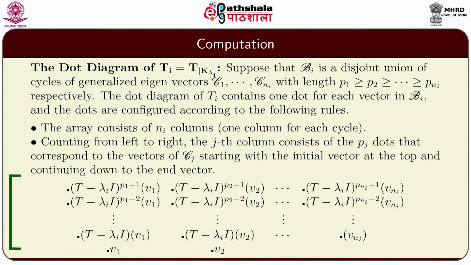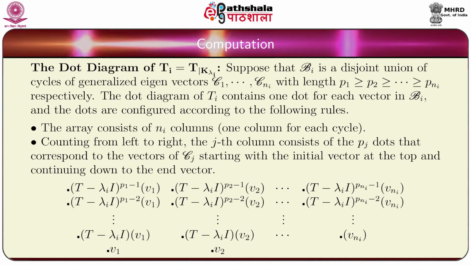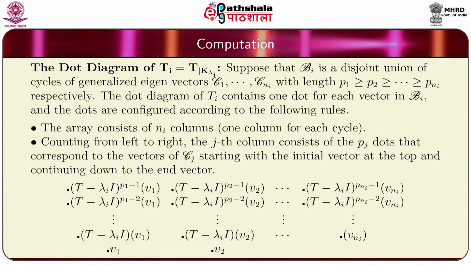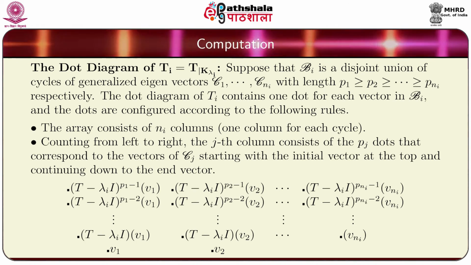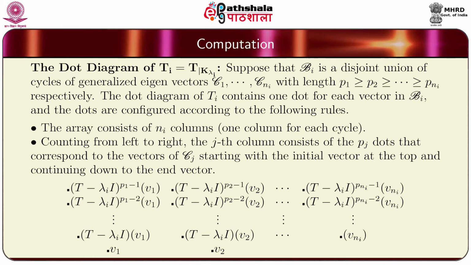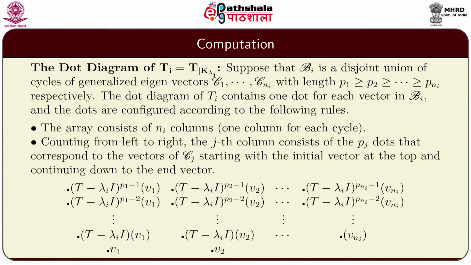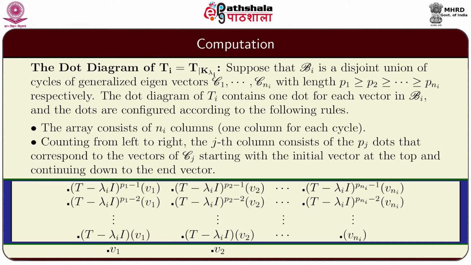So, you can see this diagram over here. This is for each cycle. Here you have the initial vector and here you have the end vector, and we have exactly n_i columns, one for each cycle, and the rows correspond to the vectors in the cycle, and each cycle has a precise length.